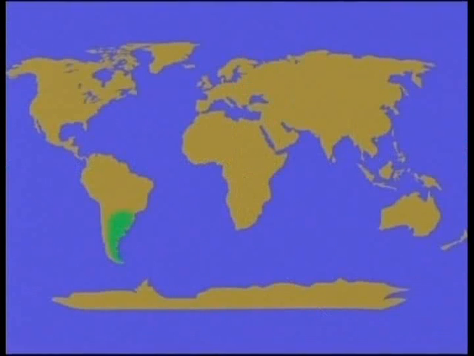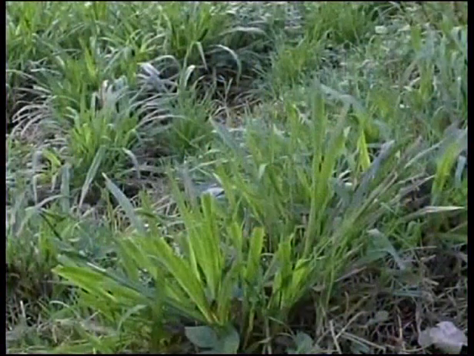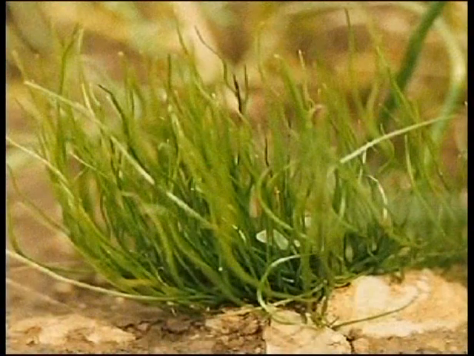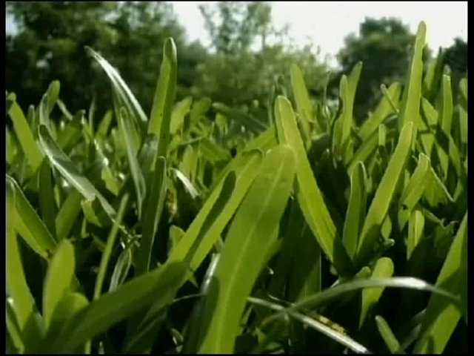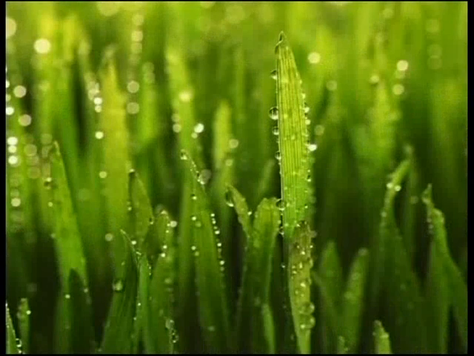Grass has spread to almost every corner of the world. They cover 20% of the planet's land surface. The reason behind this is that they have an ideal shape. Instead of broad leaves, they have thin, flattened blades.